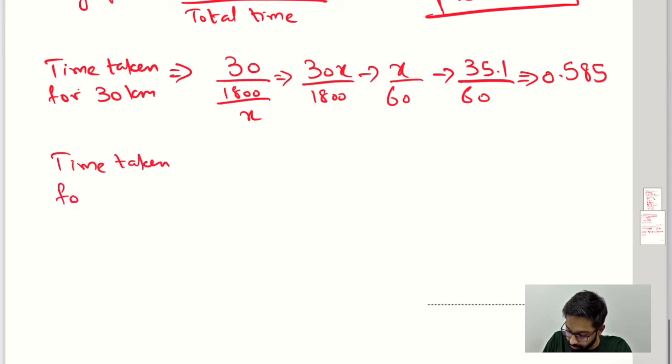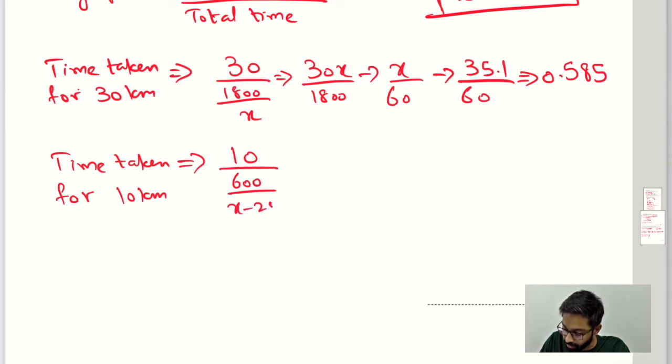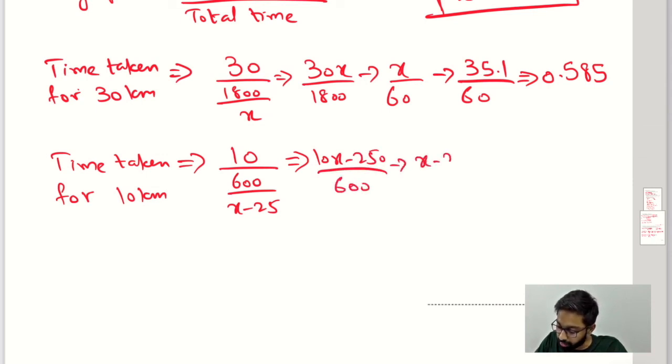Okay, the time taken for the next 10 kilometers can be found by dividing the total distance, which is 10 of course, by the average speed, which is 600 over x minus 25. When you flip the fraction at the bottom, you get 10x minus 250 over 600. When you simplify it, you get x minus 25 over 60.